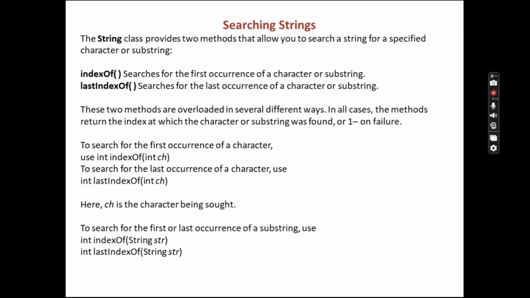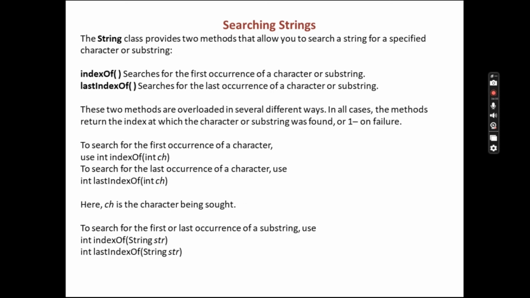Then searching strings. The String class provides two methods that allow you to search a string for a specified character or substring: indexOf and lastIndexOf. indexOf searches for the first occurrence of a character or substring, and lastIndexOf searches for the last occurrence of the character or substring.